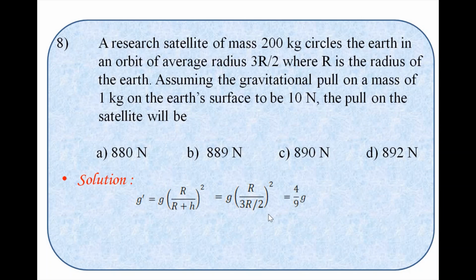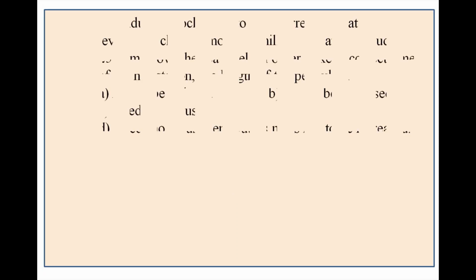So simple calculation is here: we get 4 by 9 into g. Now we have to calculate the pull on the satellite, that means the force in terms of the weight, which is W dash is equal to 4 by 9 into mg. Putting the given values, we get 4 into 200 into 10 divided by 9. Simple calculation gives the value 889 Newton. So option B is correct. Let's see the next objective.